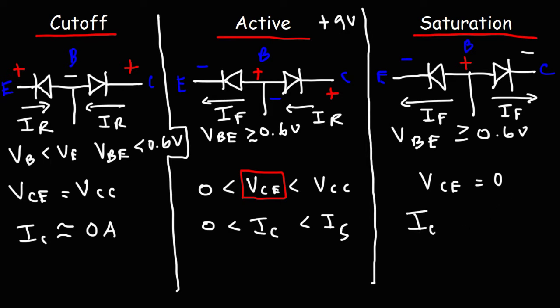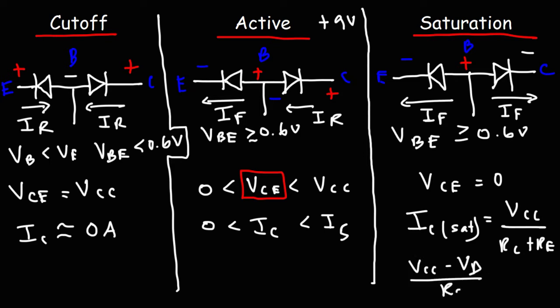The maximum IC value, or the saturation value, is going to equal the collector supply voltage divided by RC plus RE, if RE is there. If RE is not there, if there's no emitter resistor, it's just VCC over RC, assuming we don't have an LED, or a light emitting diode. If there is a light emitting diode, like in the example problem that we had, the saturation current will be VCC minus the voltage drop of the diode divided by RC. We didn't have RE in that example, so we could use that to calculate the maximum saturation current.